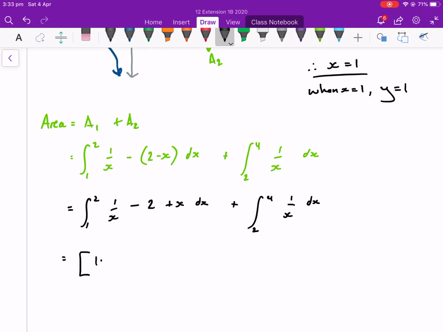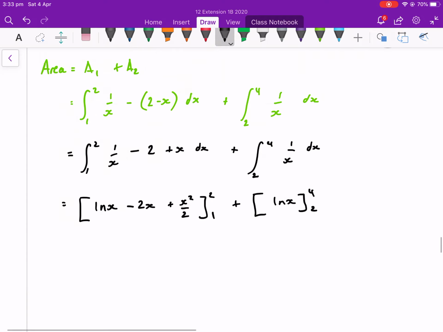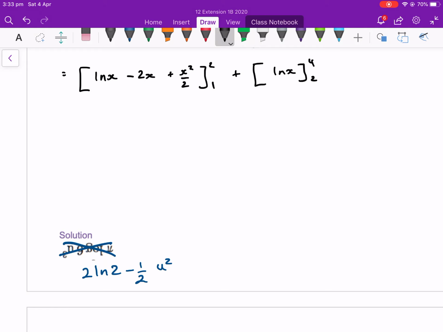So we integrate this, we get 1 on x integrates to ln x minus 2x, and x integrates to x squared on 2, between 2 and 1, plus, if we integrate this, we end up with ln x between 4 and 2. Now, next stage is we need to substitute in our values.